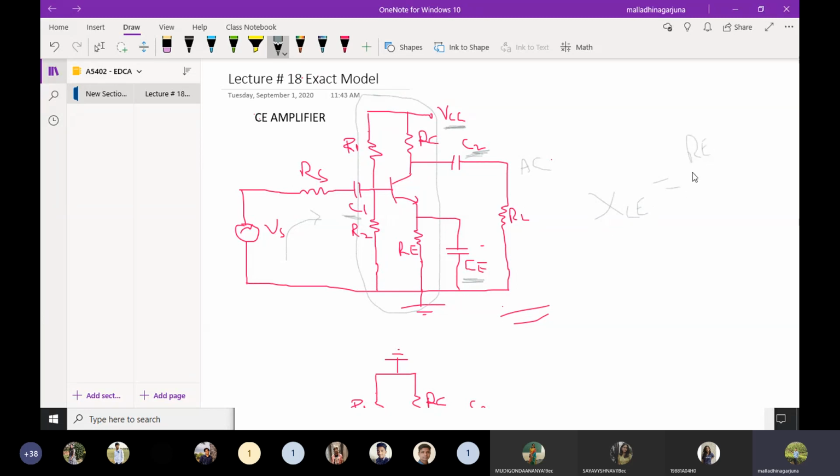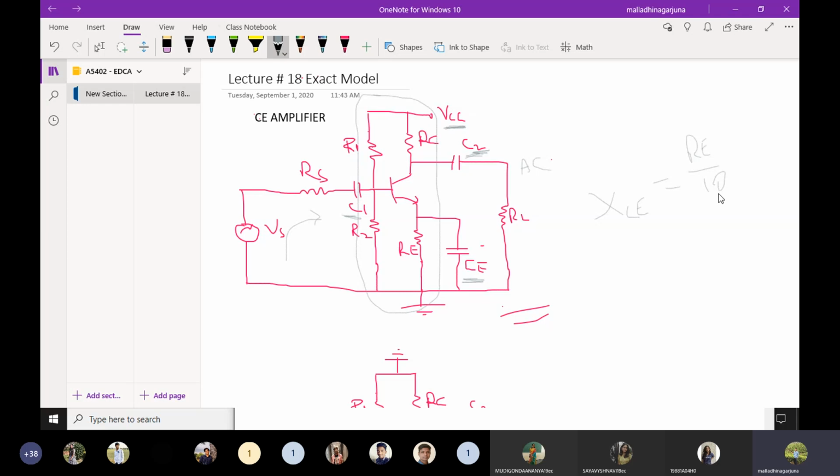So we take the 10th portion of the RE resistor as the impedance of the capacitor. Like that we design the bypass capacitor.